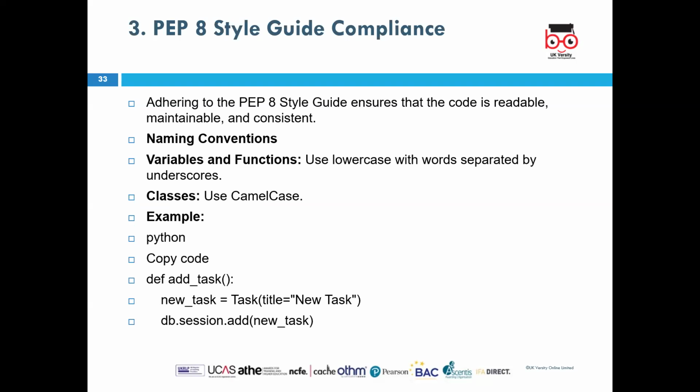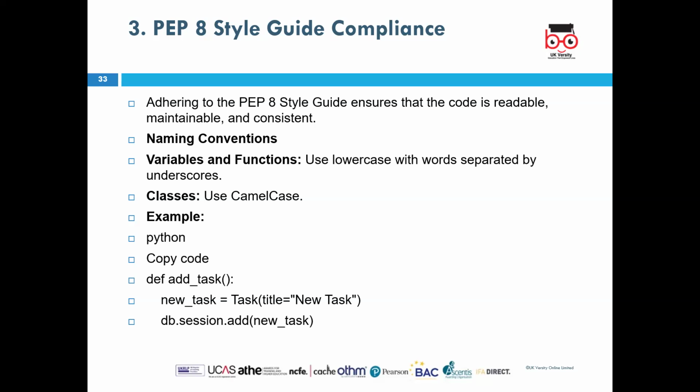PEP 8 style guidance. This is going to ensure that the code is readable, maintainable, and consistent. We need to follow naming conventions when it comes to variables and functions. There are nice extensions that we can use by installing them in VS Code, such as Prettier, which makes our code readable, tidy and organized.